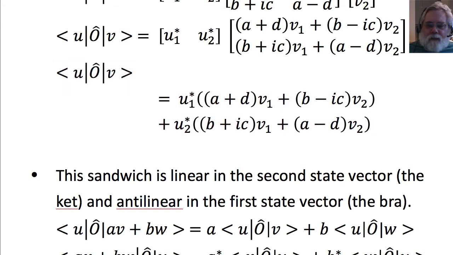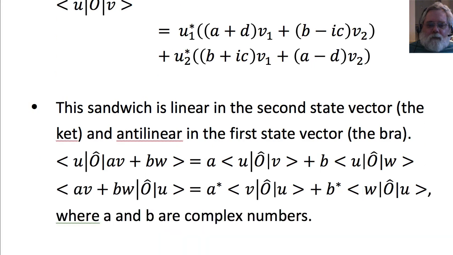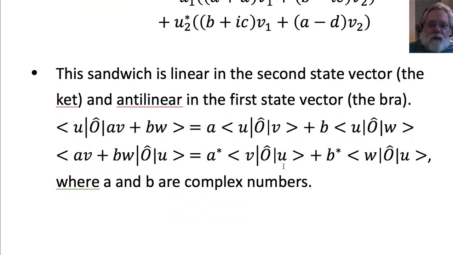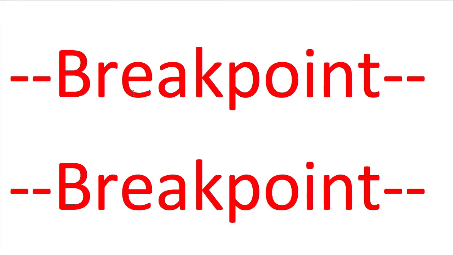So that's called antilinear. And here are equations to show what we mean by this linearity and antilinearity of the sandwich or the matrix element. This is a possible time to take a break.